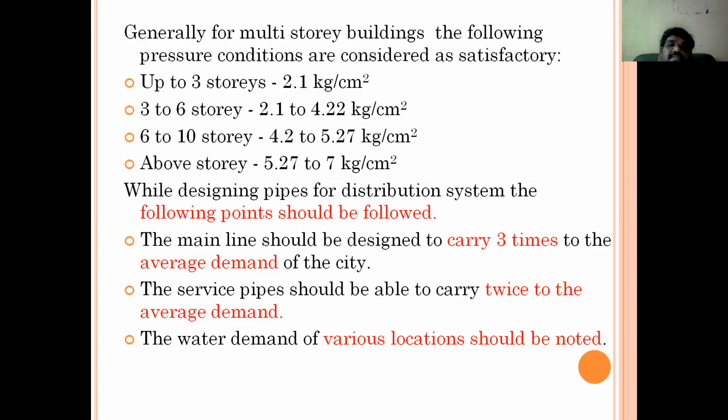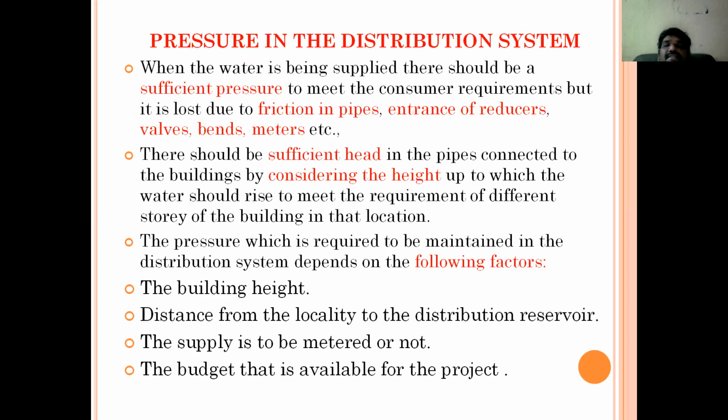See, generally, for multi-story buildings, the following pressure conditions are considered as satisfactory. In the previous case, we have seen the pressure which is required to be maintained in the distribution system depends on the following factors: height of the building, distance of the locality from the distribution reservoir, whether supply is metered or not, and whether sufficient funds are allocated or not.